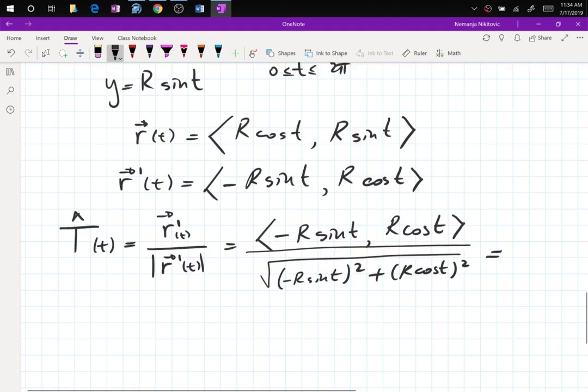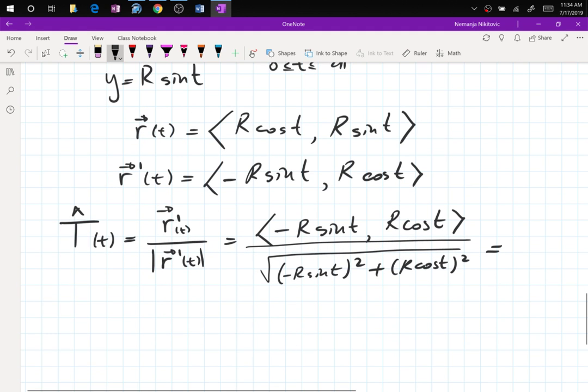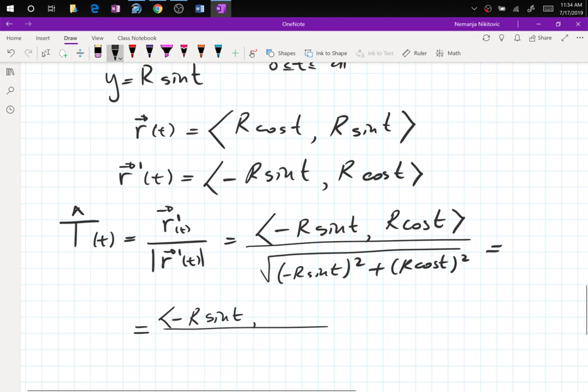Now you can probably see how quickly this can go wrong in terms of calculations, if these functions are not canceling nicely. Creates a whole bunch of horrors in calculation, obviously. Concept is a joke, right? But calculations are just terrible in some cases. Negative r sine t, positive r cosine t.